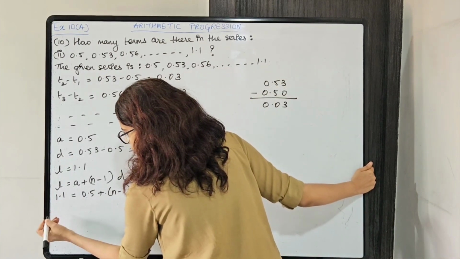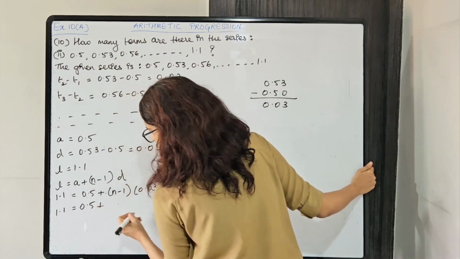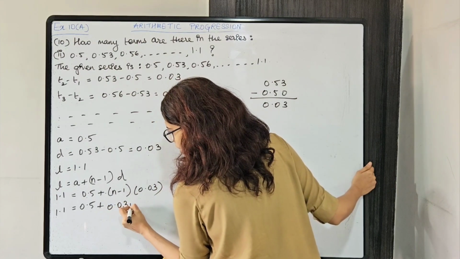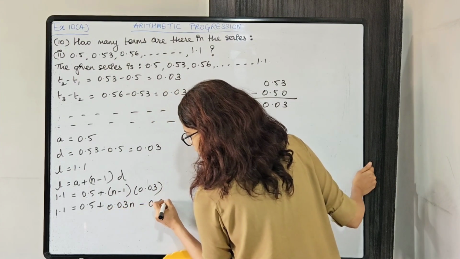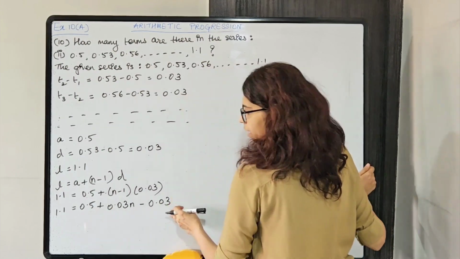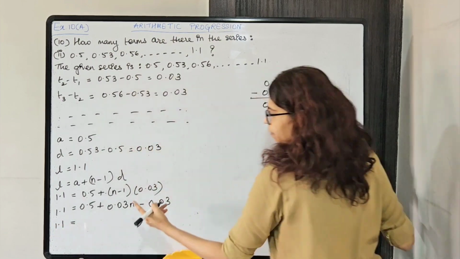Okay, so 1.1 is equal to 0.5 plus, opening the brackets over here, 0.03n minus 0.03. Okay, 0.5 minus 0.03 कितना होगा, चेक करो.